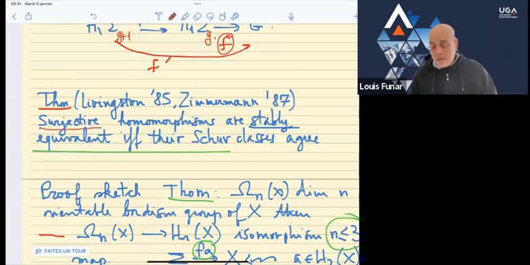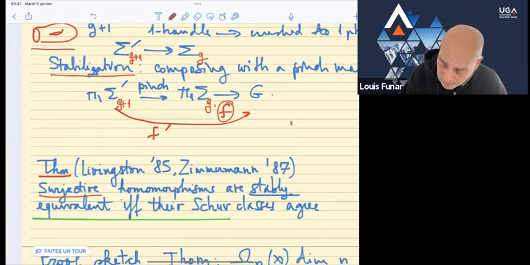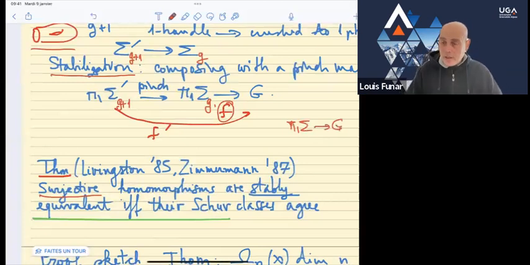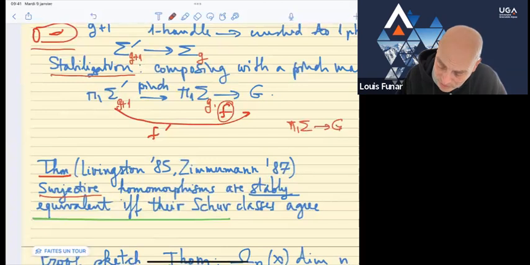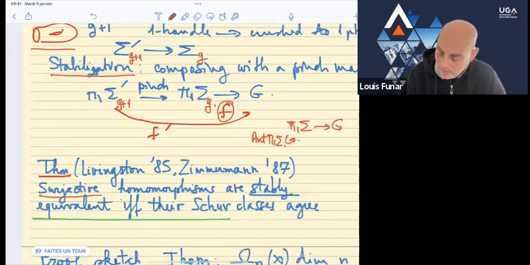Of course, we need to consider surjective homomorphisms, because if we are looking at homomorphisms from pi1 of sigma into G up to some equivalence, then, up to conjugacy on G and the action of the automorphism group of pi1 of sigma on the left side, the image of pi1 of sigma in G is an invariant of the situation.